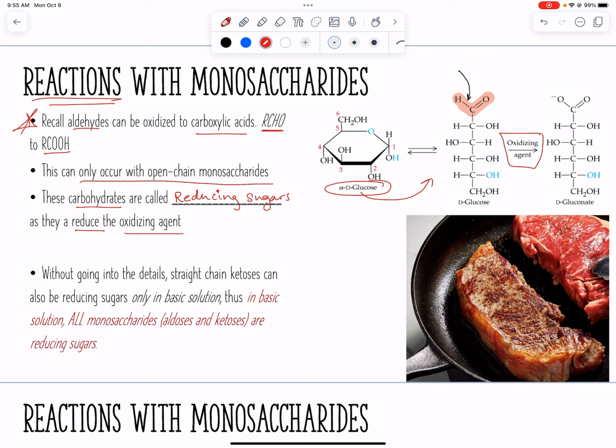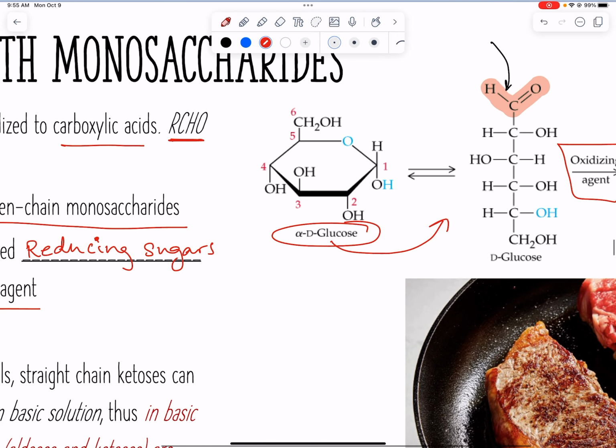And the way you identify a reducing sugar, since some monosaccharides are and some are not reducing sugars, is you want to check and say, do I have a hemiacetal carbon? You always want to look at this carbon right here and say, is it a hemiacetal? Do I have one hydroxyl group, one ether bond, a hydrogen, and a carbon bond on this carbon? If it is a hemiacetal, then yes, it's a reducing sugar. If it's an acetal or something besides a hemiacetal, it is not a reducing sugar.